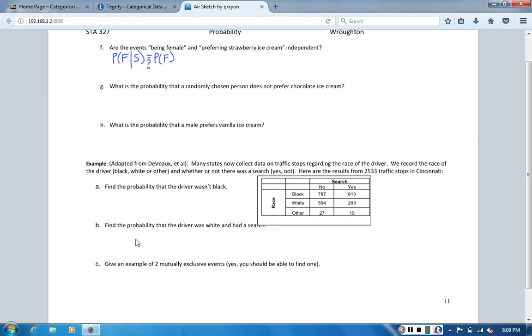And this is what I'm going to check. Well, we already found the probability of being female given you like strawberry ice cream was 0.7619. We also already found the probability of being female, that was part B, was 0.5143. Are those two numbers equal? Nope. They are not independent. So knowing that you liked strawberry ice cream did actually change the group of people we were working with. There were going to be more females that liked strawberry ice cream than there were just females.